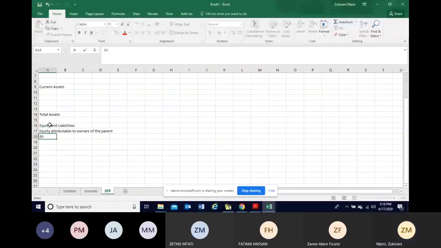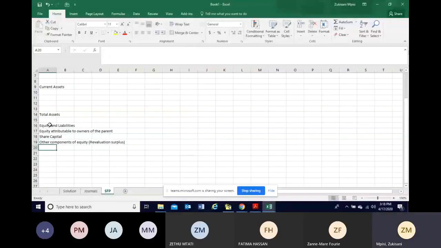We've got share capital. We've got other components of equity. And this would be your revaluation plus.